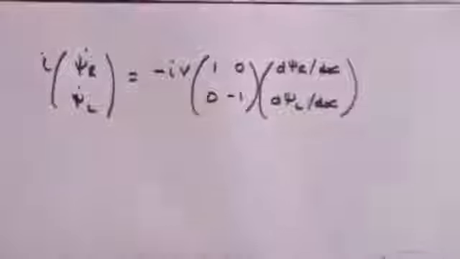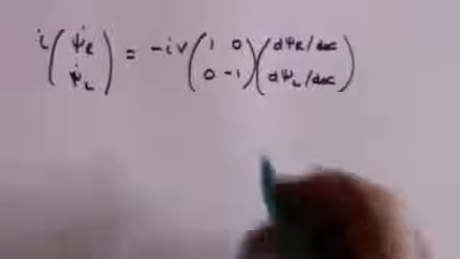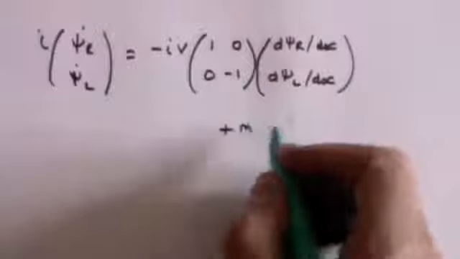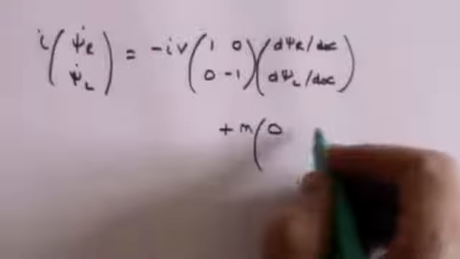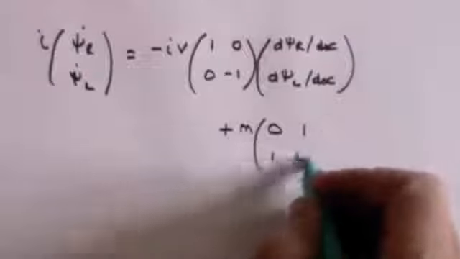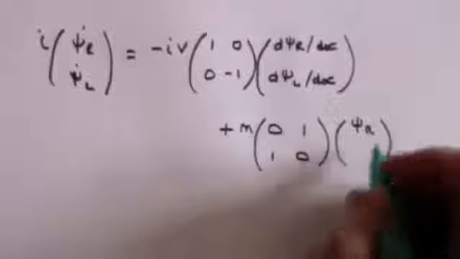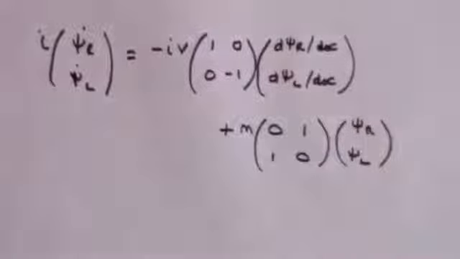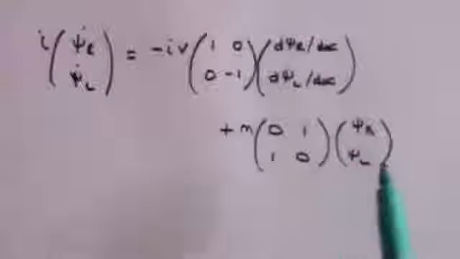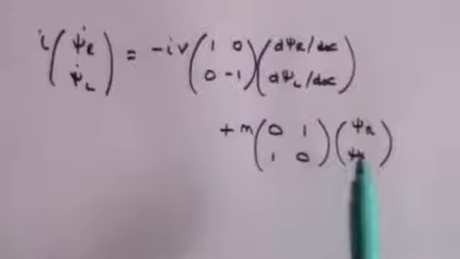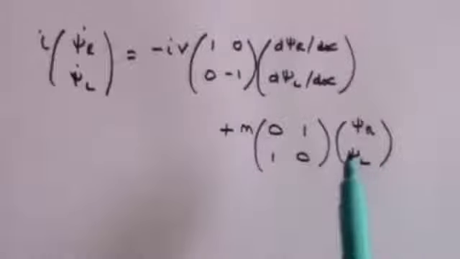But now we need to add, and I haven't got room so I'll do it underneath, the m beta term. So it's going to be m, and then beta is 0, 1, 1, 0. And of course we'll need to act on just the psi right and psi left waves. So this is now the full Dirac equation. That's what it was before, but now we've introduced a new term which is going to accommodate mass.